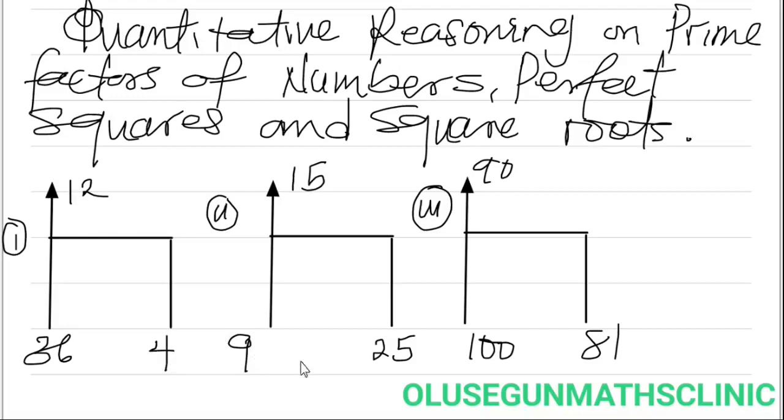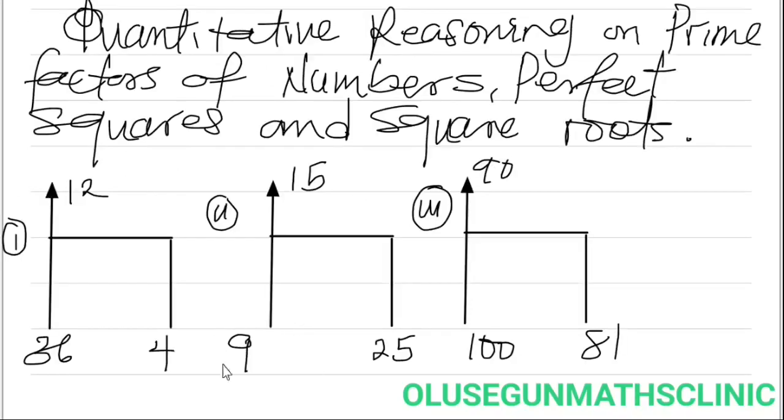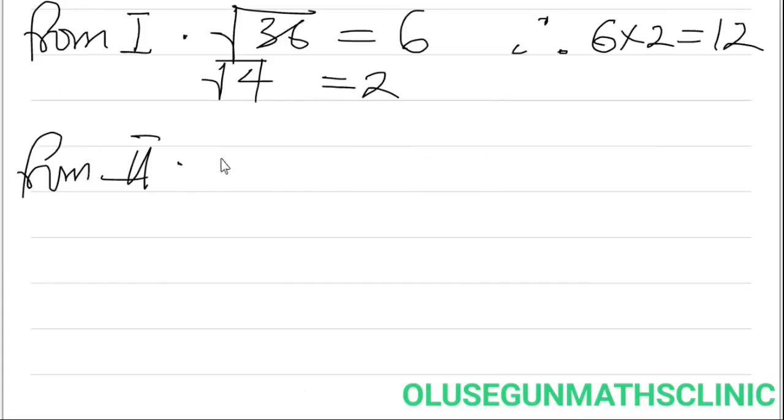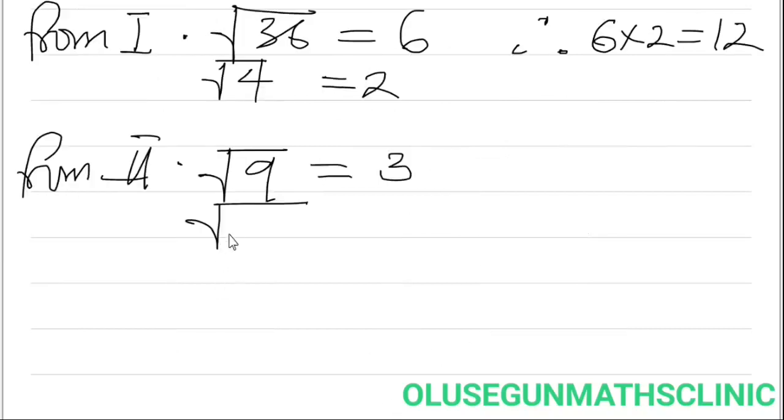Let's apply the same to figure 2. From figure 2, root 9 and root 25 will determine our answer. The square root of 9 gives us 3. The square root of 25 gives us 5.